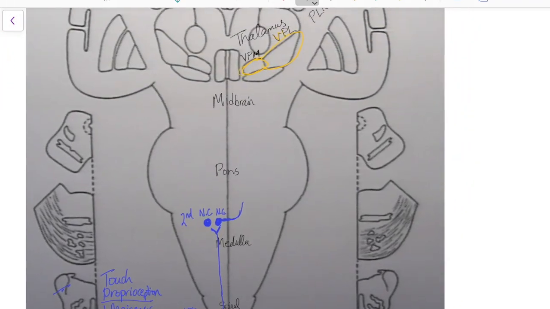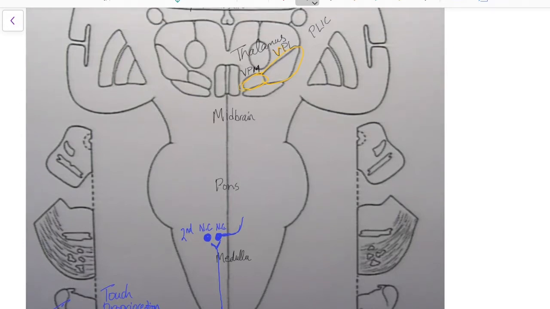And the third synapse, or third cell body, we know is in the VPL thalamus, because this is a body we're talking about. So we'll go all the way to the VPL, and it depends if you're talking about the arms or the legs. In the VPL, and this is the medial lemniscus.